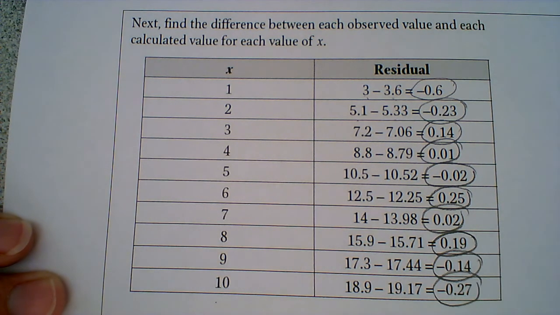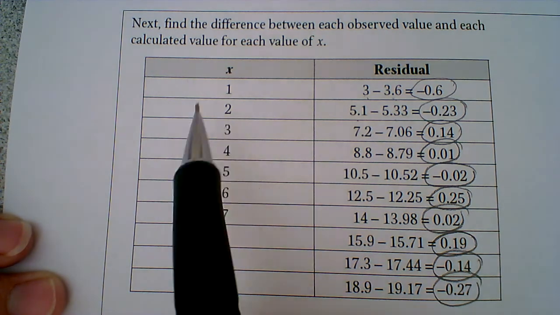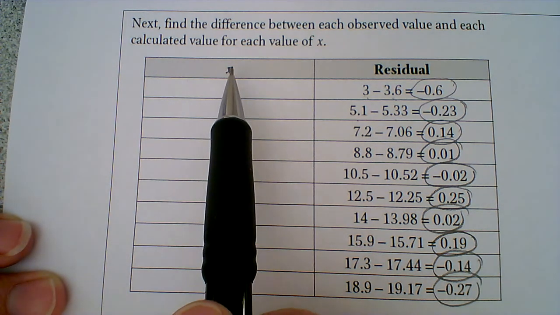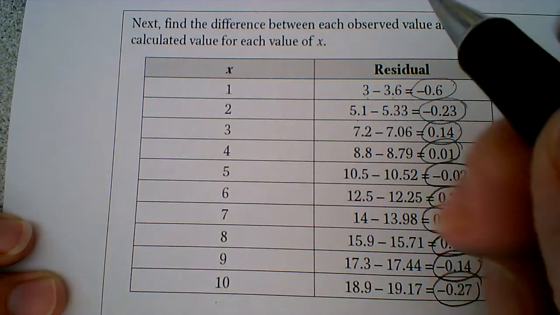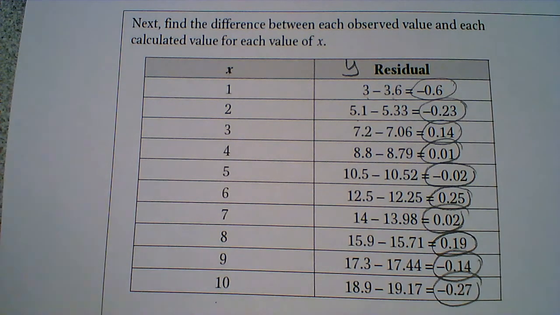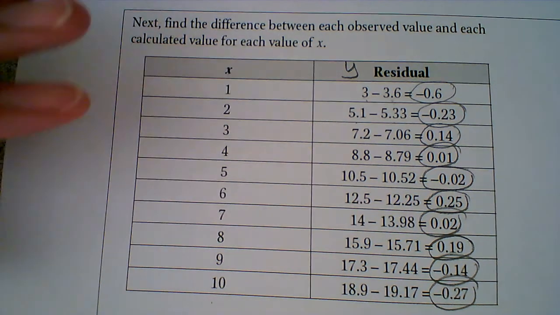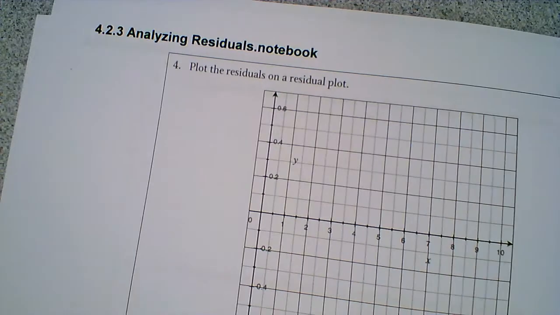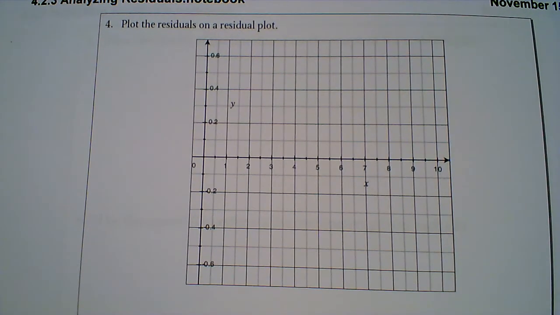So now that we have this new table, we're going to create a new graph using this as our x and this as our y. And I believe your worksheet has that table there for you on page 72. Yes. So go to that graph on 72. It looks like this. And graph those points.